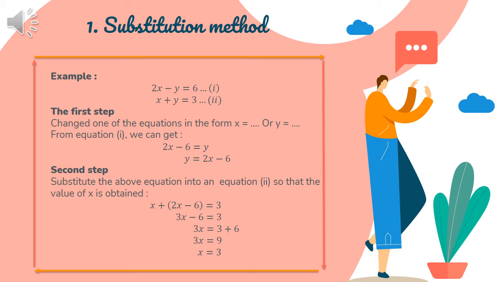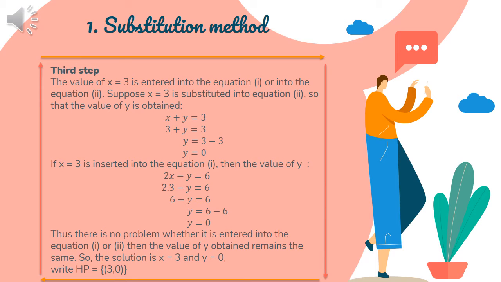Second step, substitute the above equation into the second equation so that the value of x is obtained. X plus open brackets 2x minus 6 closing brackets equals 3. 3x minus 6 equals 3. 3x equals 3 plus 6. 3x equals 9. X equals 3.